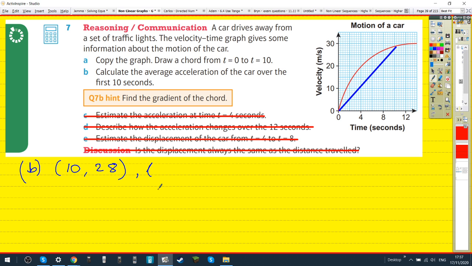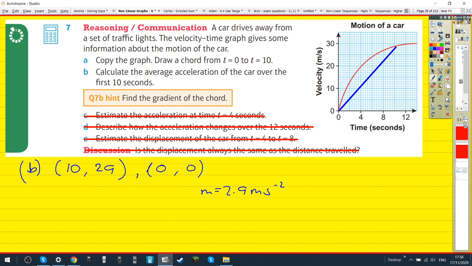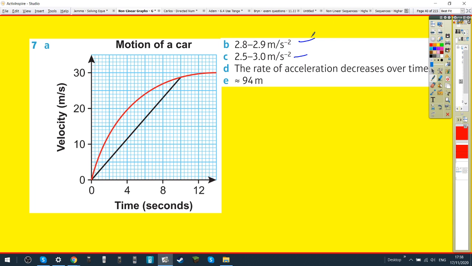Okay, and then 0, 0. Yeah. So run is 10, rise is 28. Maybe it is 29. We'll go with 29. And so gradient? And the gradient is 2.9. So that is 2.9 meters per second squared for acceleration. So anything between 2.8 and 2.9. That was B. So yeah, great.